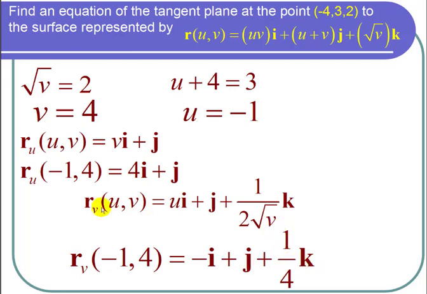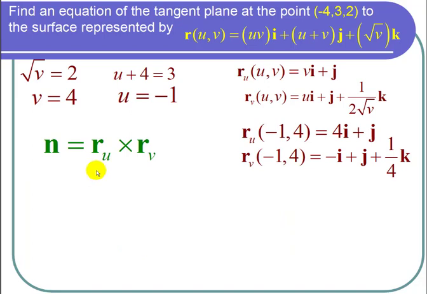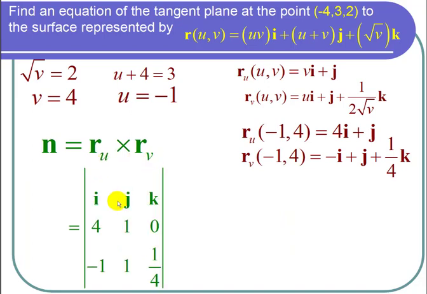So now that I have r sub u and r sub v, I can find the normal vector by taking the cross product. And I do that. I take the determinant of i, j, k, with rows 4, 1, 0, and -1, 1, 1/4.